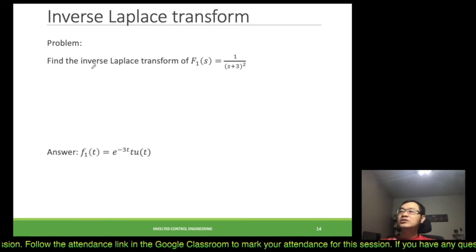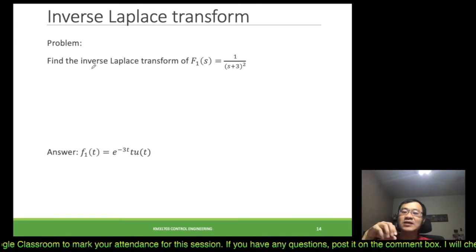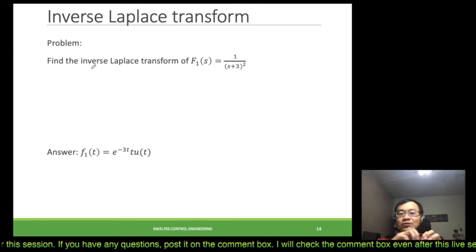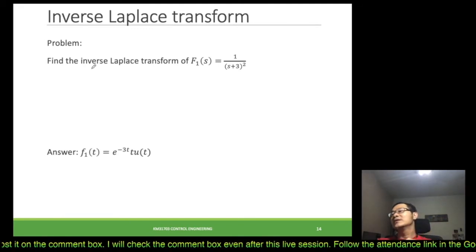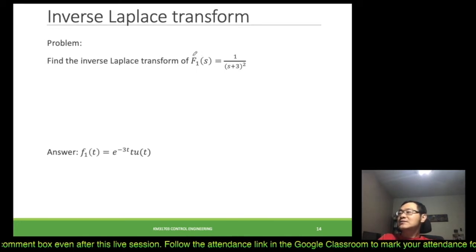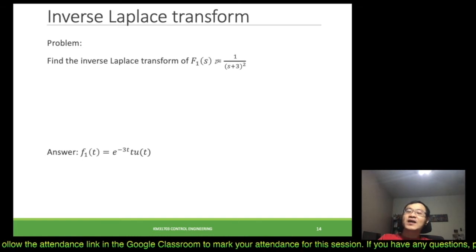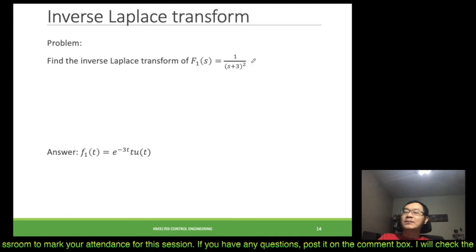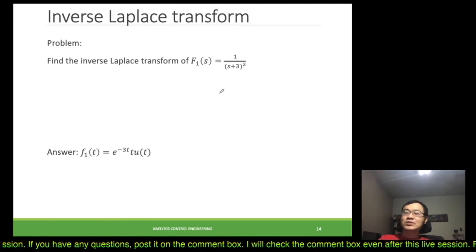For this inverse Laplace transform, the first thing we have to do is identify the components within the Laplace transform. Let's take this example. We have this already transformed F1 as a function of s, given by 1 over (s plus 3) to the power of 2. Therefore, what are the components that we have?